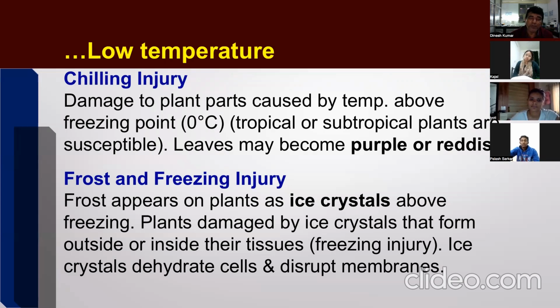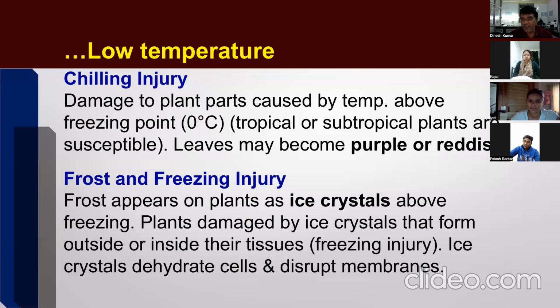That means before this the water was warm, or maybe hot. That is why you say bring the temperature of this water down, make it chill, make it cool, not freeze. So this chilling injury happens in subtropical and tropical plants.